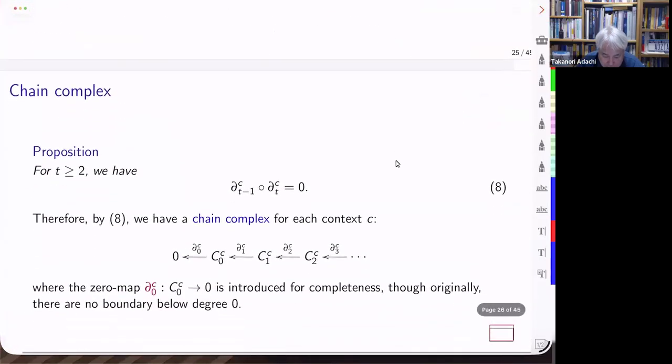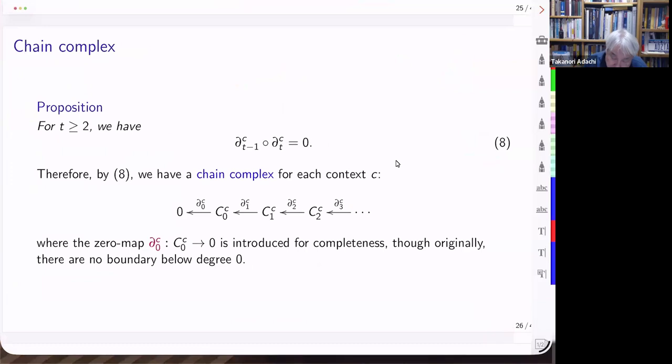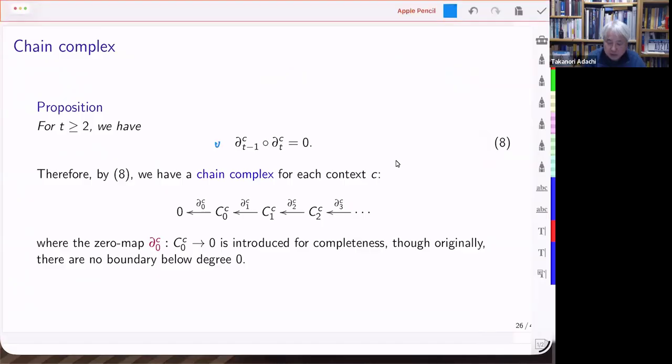Also, with the boundary operators constructed in this way, we can derive these relations. We have C_n, C_{n-1} and C_{n-2}, with this map delta_t and this delta_{t-1}.